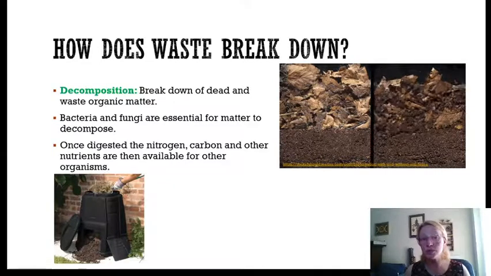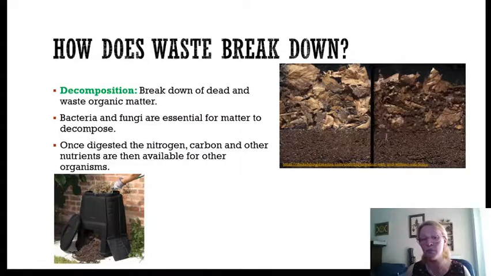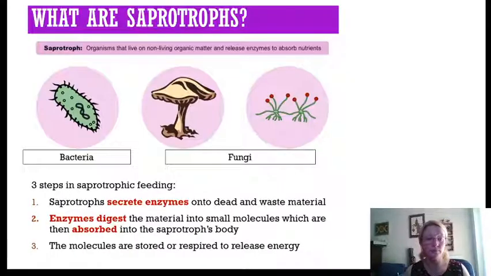And once that matter has been digested, then the nitrogen and the carbon and other nutrients are going to be available for other organisms to be able to take them up. So that involves a really important group of organisms that are called saprotrophs.